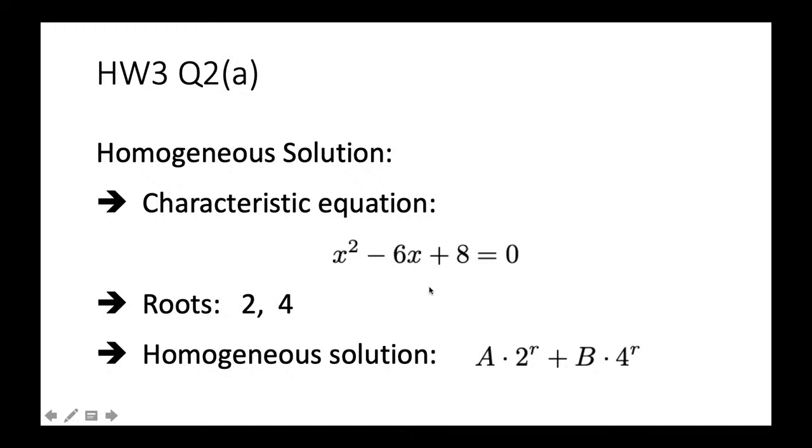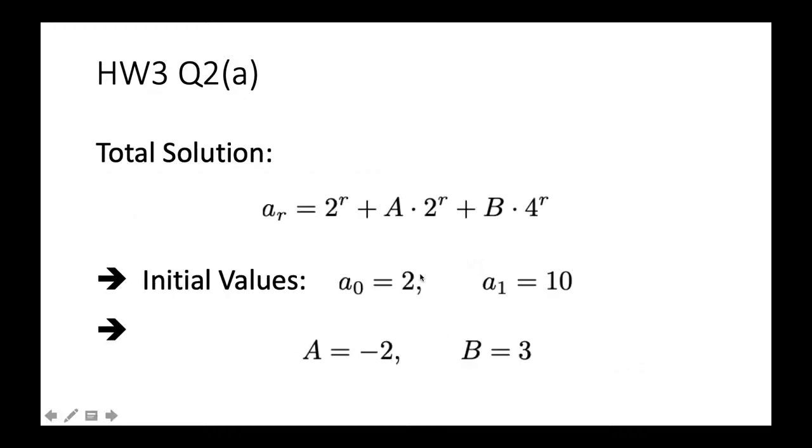For this one, we find that the roots are 2 and 4. So the homogeneous solution will be of the form a constant A multiplied with the first root to the power r, plus another constant B multiplied with the second root to the power r. Okay, so this is the homogeneous solution. Combining with the particular solution, we get the total solution of this form. This is the particular solution, and this is the homogeneous part.